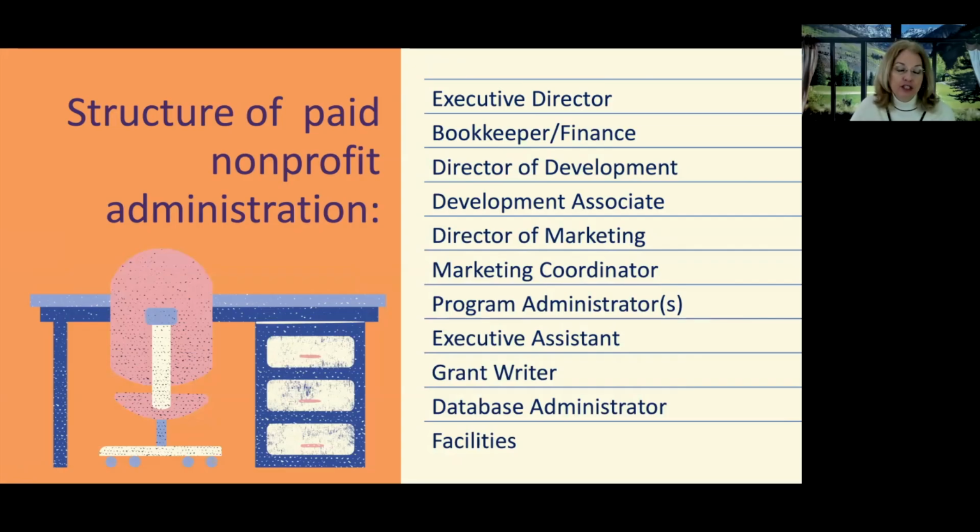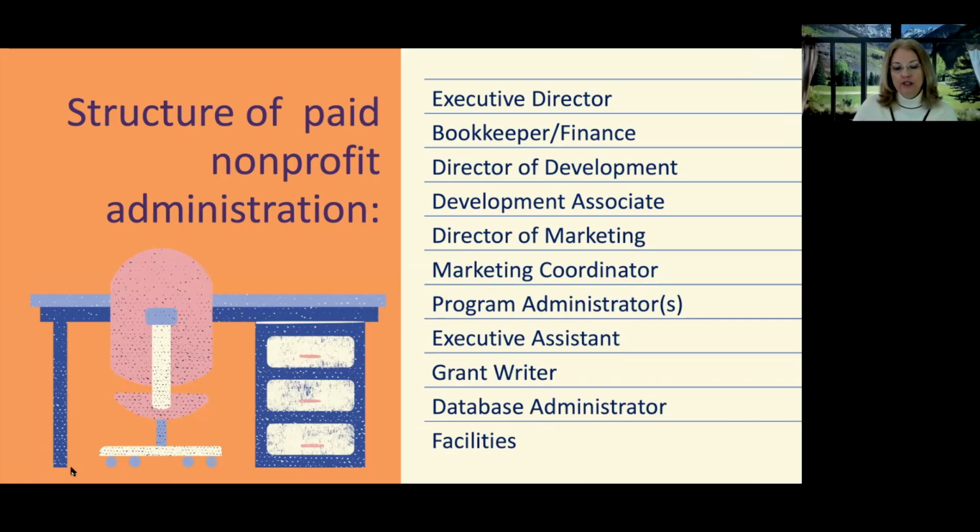A development associate is typically more of an assistant type person. Some point you're going to want a director of marketing, and then your marketing coordinator is just the support for your director of marketing, and then somebody to administer the programs. You might have more than one program and more than one administrator. An executive assistant is great to have as a liaison with the board, then a grant writer eventually, a database administrator, and then of course a facilities person.